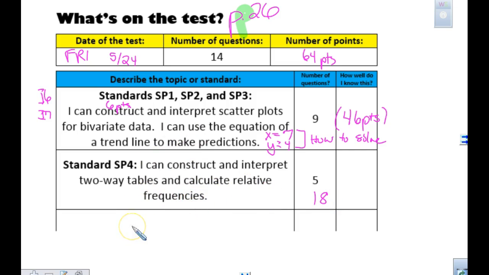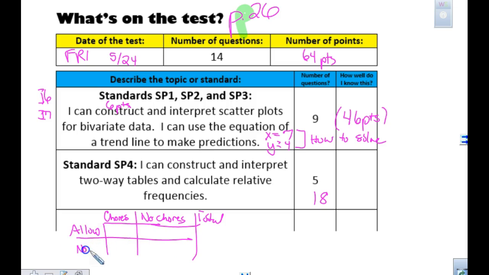So you want to make sure you understand that once you've made that two-way table, like where you had your chores, please quit, and no chores, and then you had the total back here, and then maybe you had allowance and no allowance.